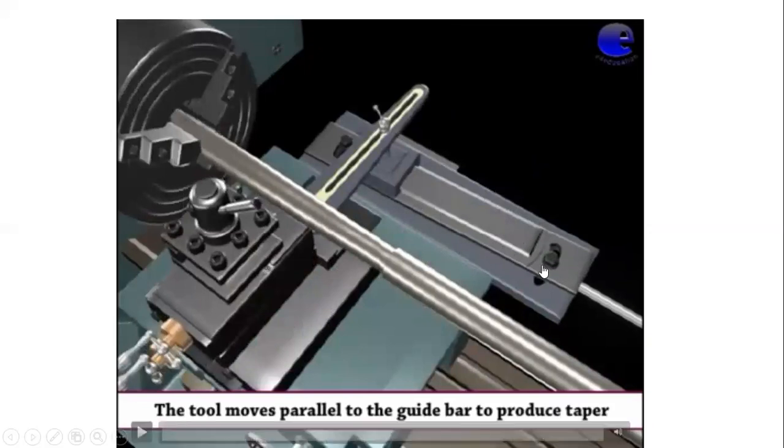Actually, we are adjusting this screw, and we are also adjusting the degrees to make the taper. But at first, before making any taper, we have to determine how much angle we want to produce. So I'm going to my next slides.